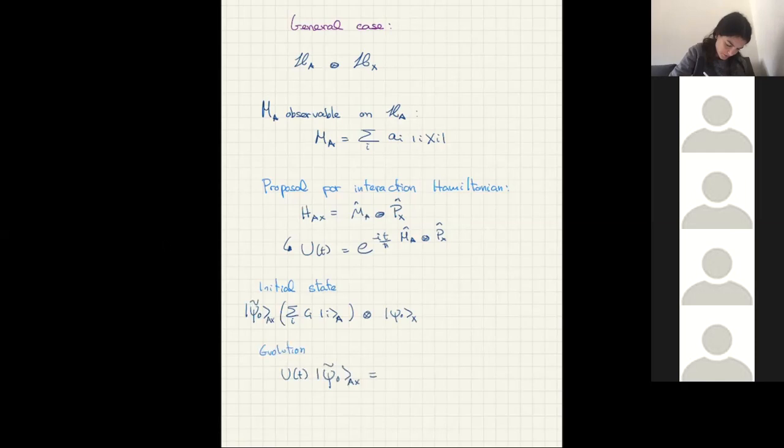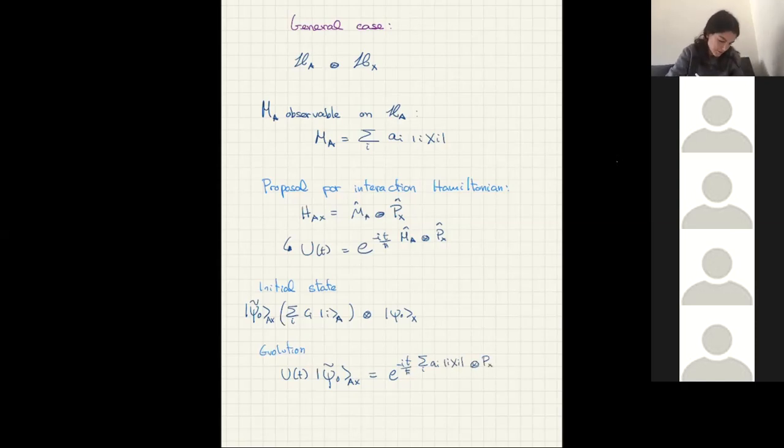So we have e to the minus i t over h bar, and now we have here our observable MA. So that's the sum over I, AI, AI, tensor PX. Okay.